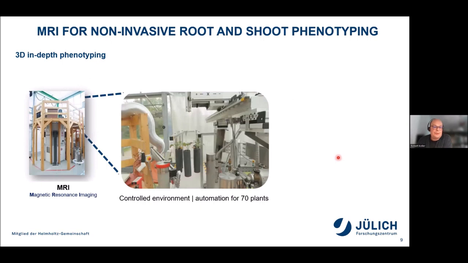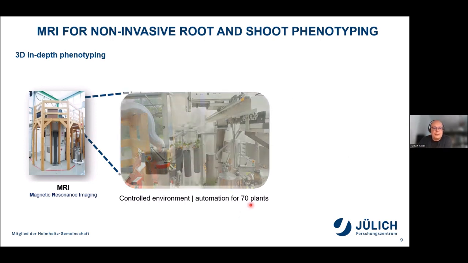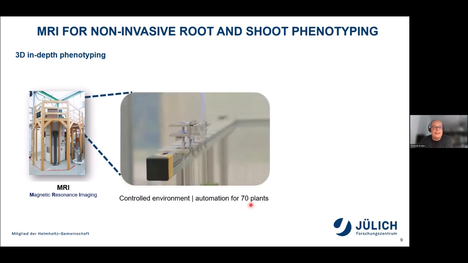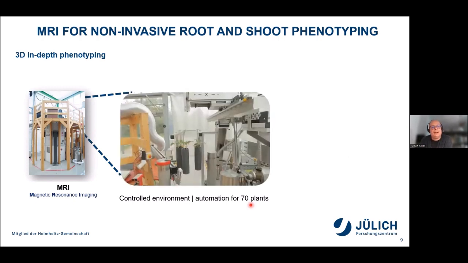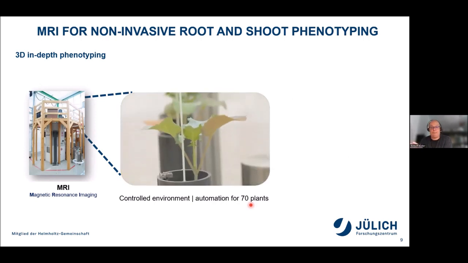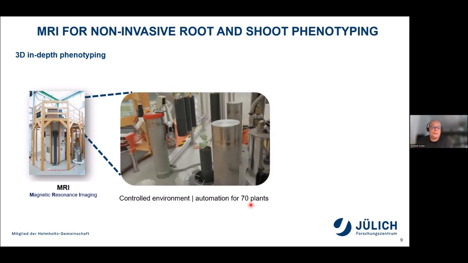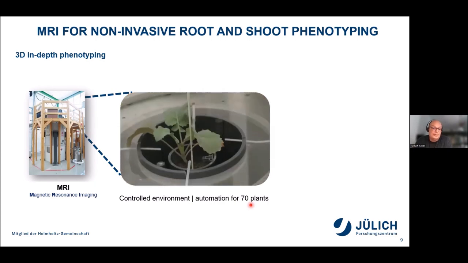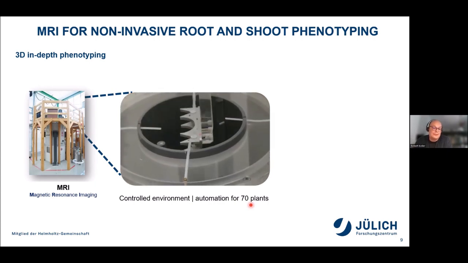Currently, we have developed some higher throughput systems. So we have our magnet here, and at the moment, our automation allows us to screen 70 plants. So we have a robot system that automatically transfers the plants from a climate chamber into the magnetic resonance imaging device, the magnet, right? And what you can see here is how the robot system transfers the plant into the magnet.